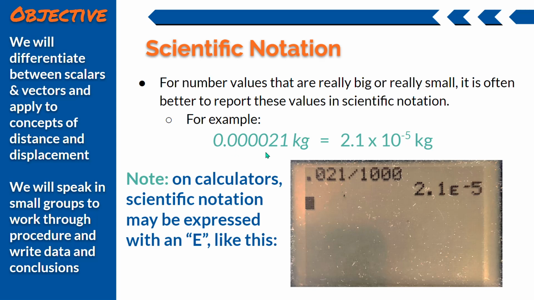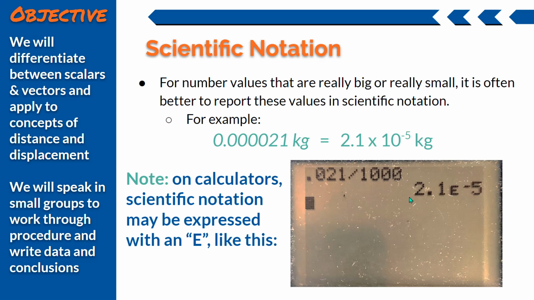So for this value, 0.000021, that is the same thing as 2.1 times 10 to the negative fifth. You'll notice when I typed it in my calculator, I got it in scientific notation already using a TI-83. Again, if you're using the Inspire, it might be a little bit different, or whatever calculator you're using.